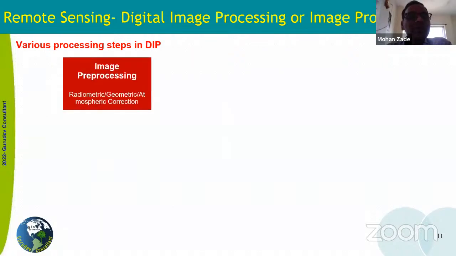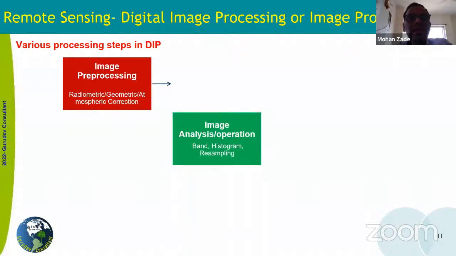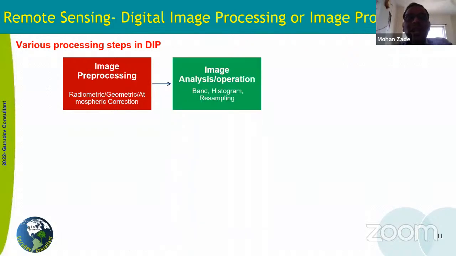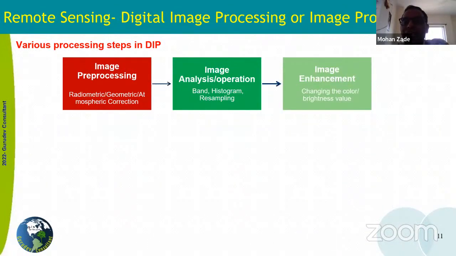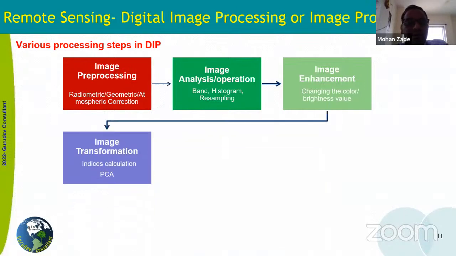Now I'll just talk about the different steps in satellite image processing. Once you have received the images, you need to do some pre-processing. Some radiometric, geometric, and atmospheric corrections are required. Then image analysis and operations, where some band and histogram resampling has to be done. The next is image enhancement, changing the color or brightness using various techniques.